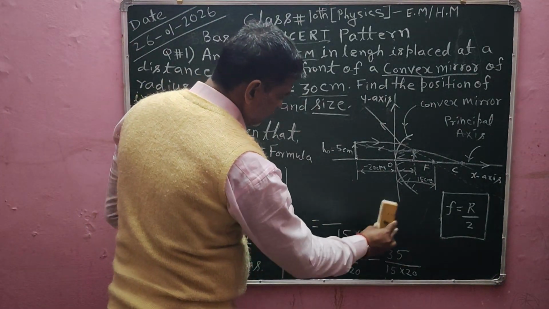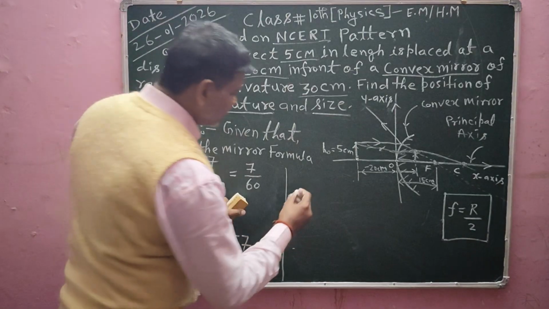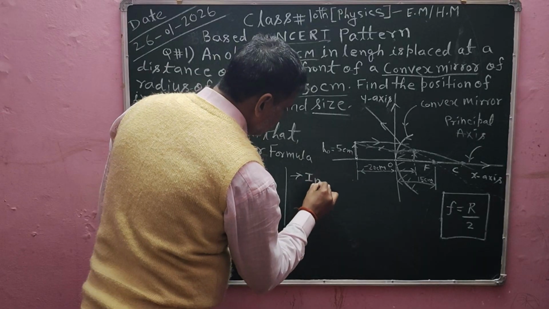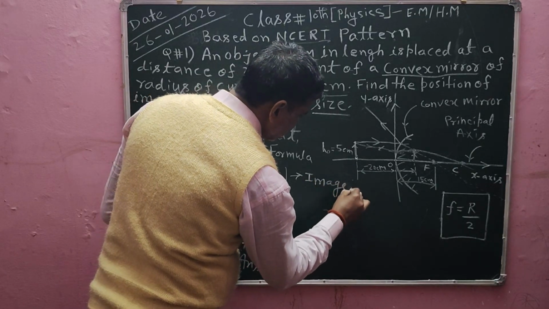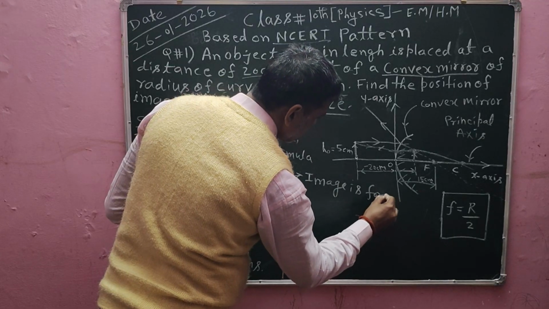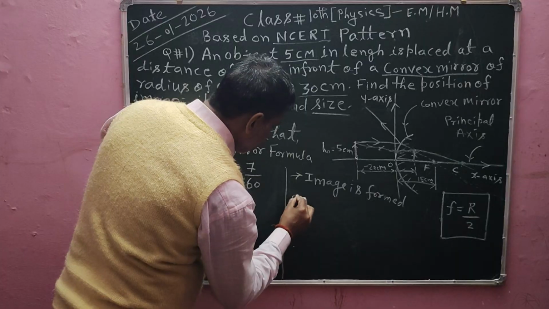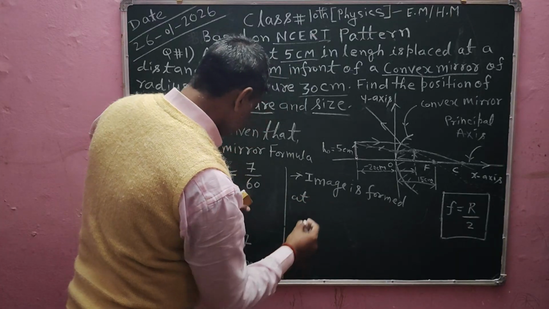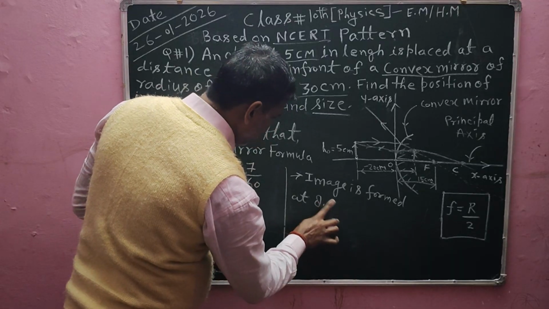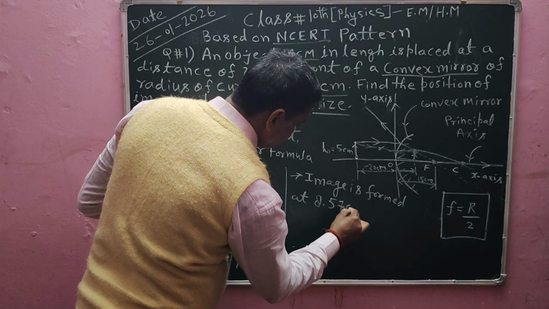That is, I will write this portion. I am going to erase. I can write image is formed. Here I will write information. Image is formed at 8.57 centimeter.